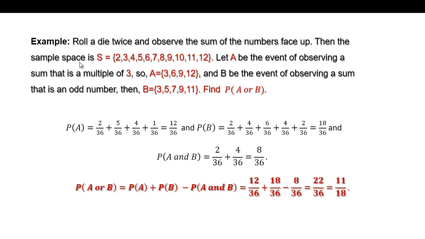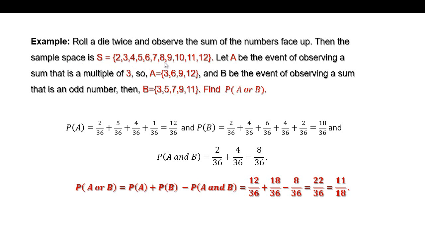Let's say we roll a die twice and observe the sum of the numbers that face up. Then the sample space is given by all the numbers between 2 and 12.